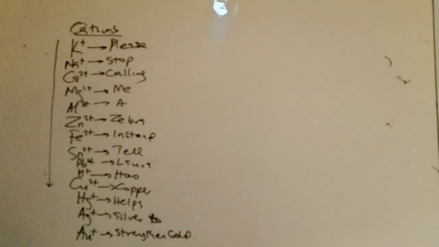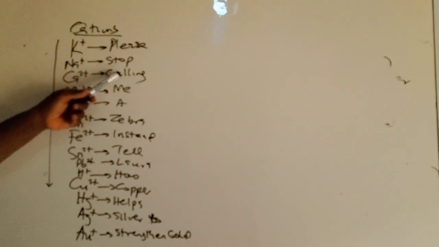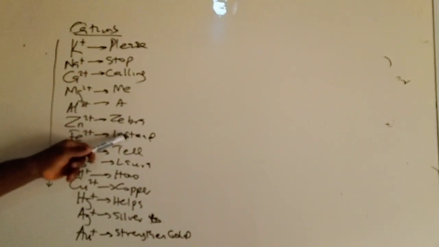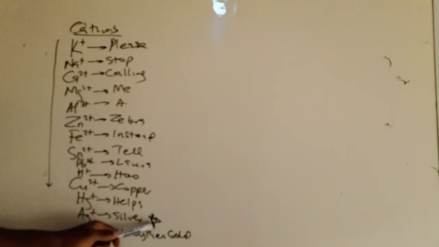There's lead here before hydrogen. So you can see a very simple thing. Please stop calling me a zebra. Instead, tell Laura how copper helps silver to strengthen gold.